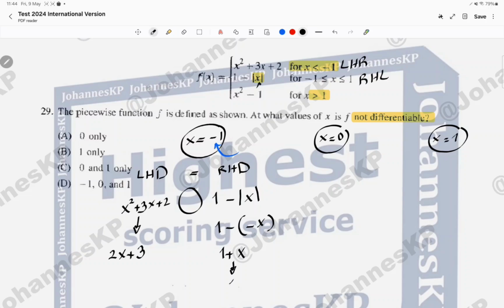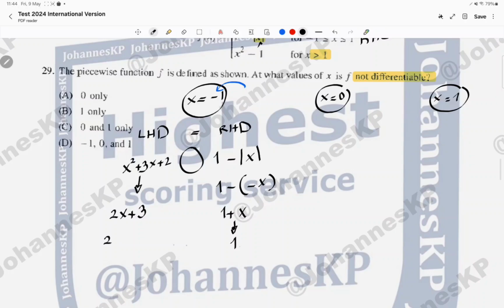Differentiate this guy, 1. Plug in -1. So 2 times -1 plus 3 is 1. 1 is equal to 1. That means it's differentiable at -1. So -1 should not be in the answers. So it's not D. Okay?